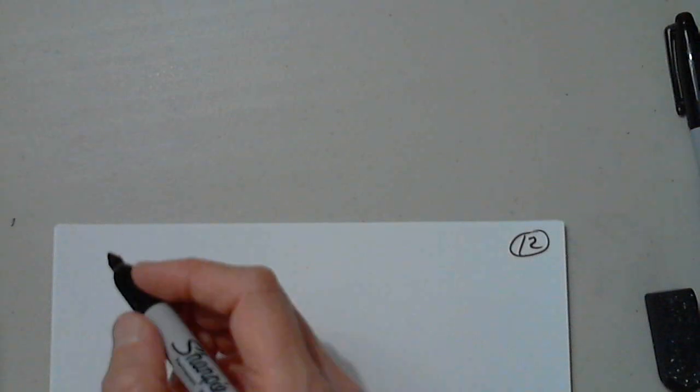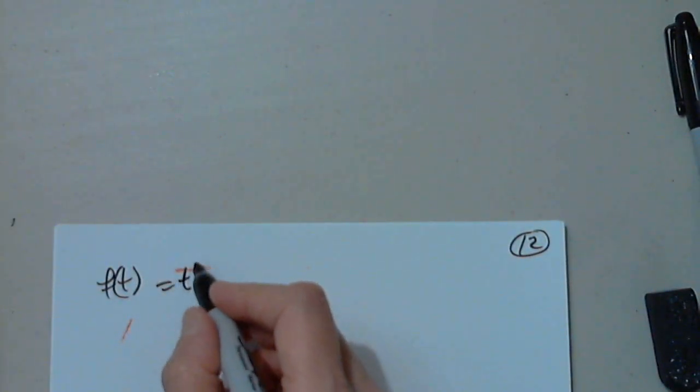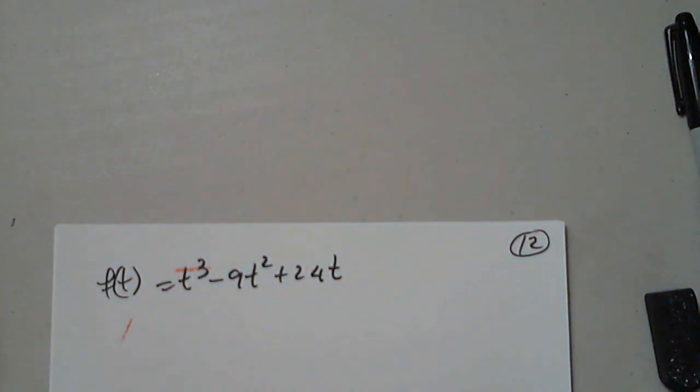So we have f of t, and that is t to the third minus 9t squared plus 24t. Let's start with velocity v of t, and after 1 second, and when is the particle at rest? So we have 3 questions so far: the velocity at time t, the velocity at 1, and when is the particle at rest?